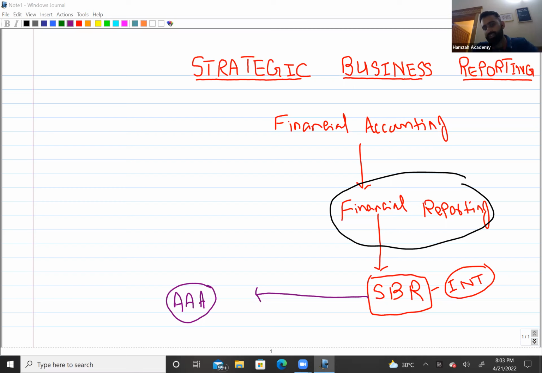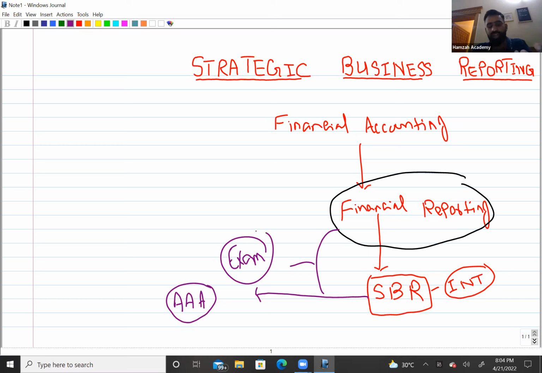The main difference between FR and SBR, though the knowledge is very much the same, is the exam style. Financial reporting is more numeric based.